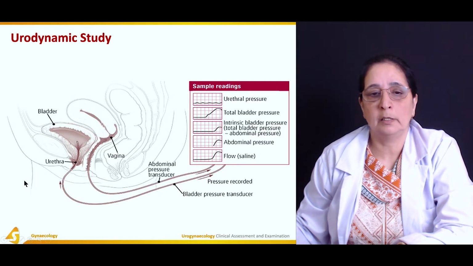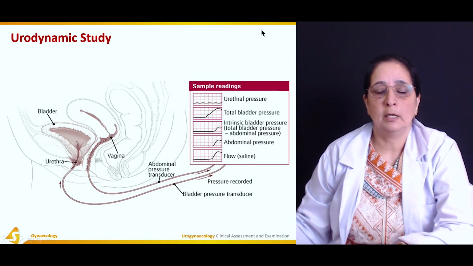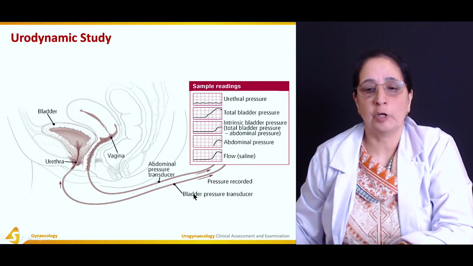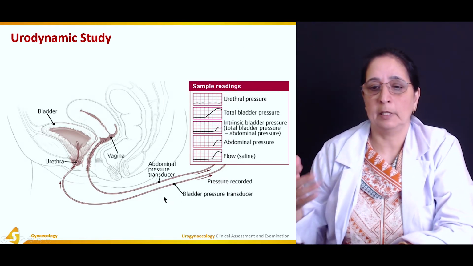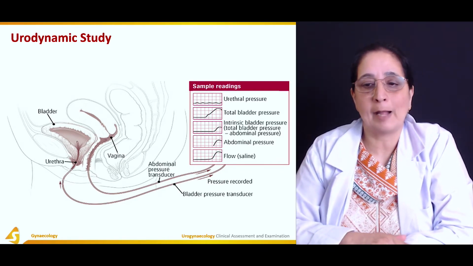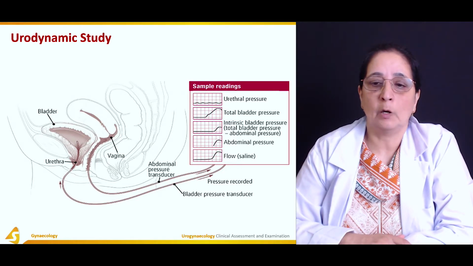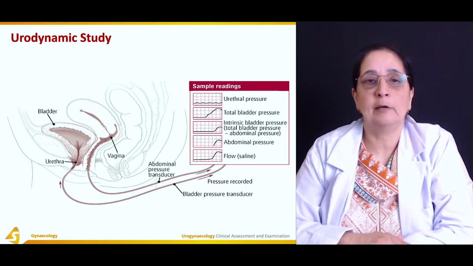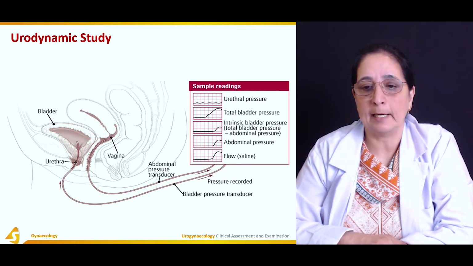So these are all the readings obtained to find out the pressure in stress incontinence. It gives us urethral pressure, and total bladder pressure, which is obtained by subtracting abdominal pressure from the total bladder pressure.